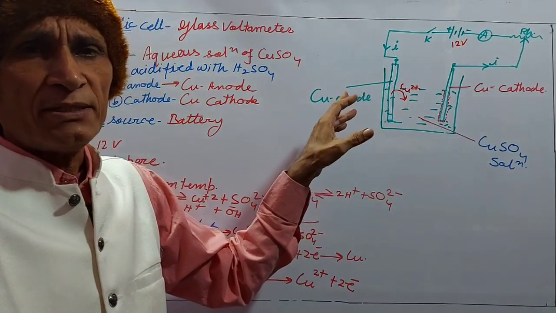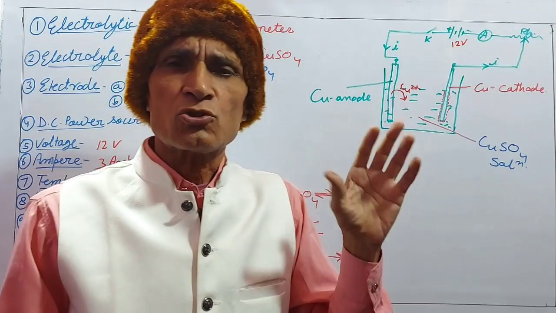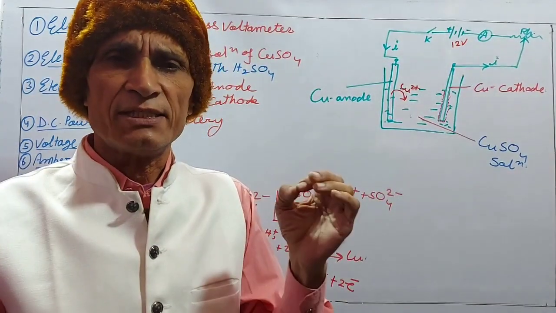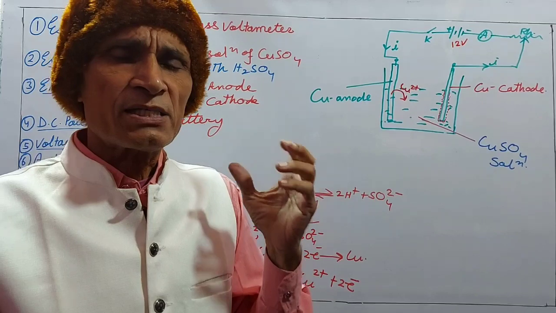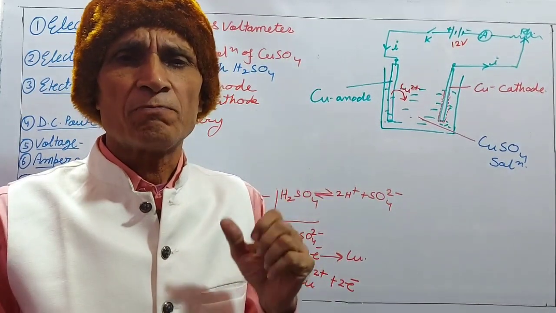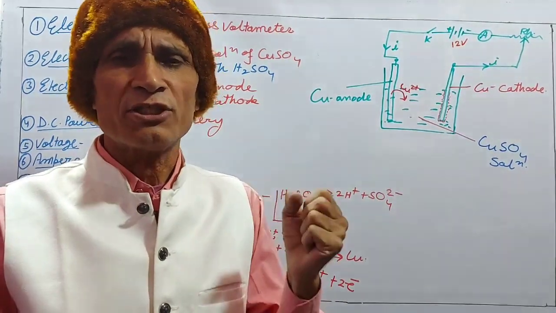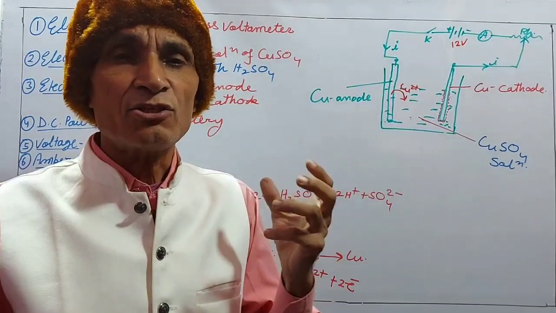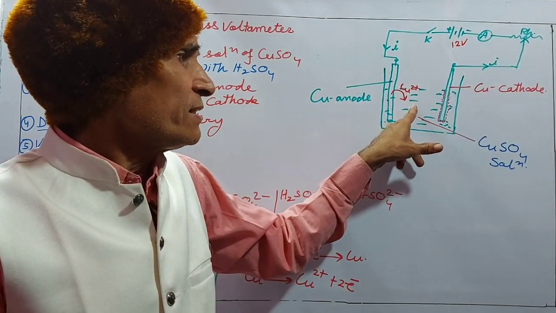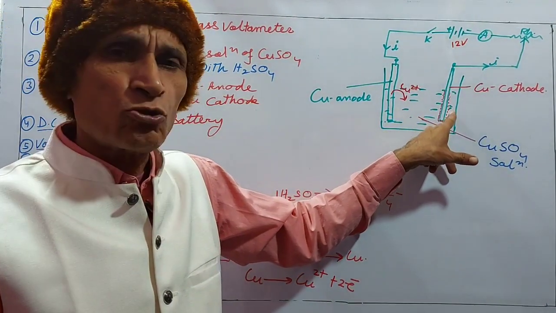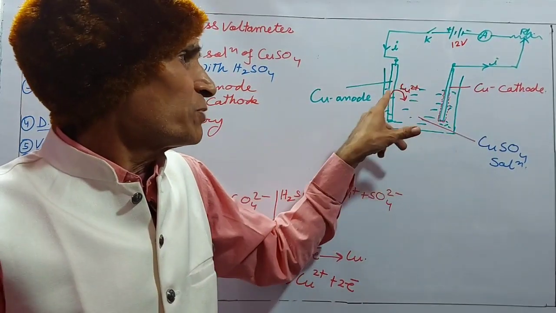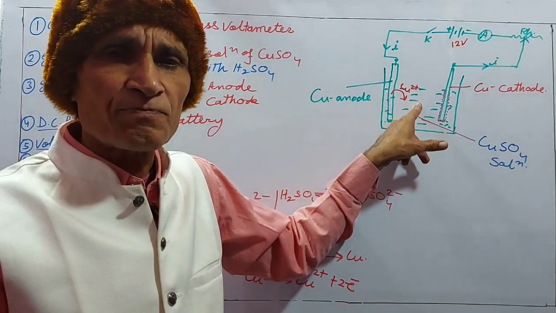This is the reason why the blue color of the solution does not change: the concentration of cupric ions in the electrolyte does not change. Why? Because the cupric ions deposited at the cathode are equal to the cupric ions produced at the anode.